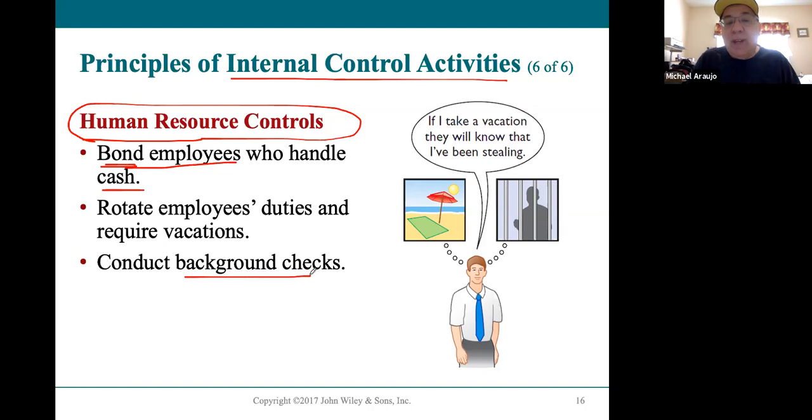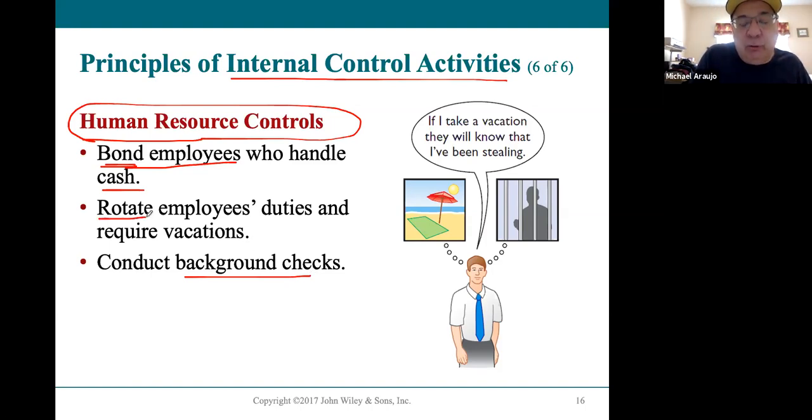And so it would be easy for your employer to purchase insurance, which is bonding you, in case you're handling cash, in case you're handling inventory. But bonding is a very important part of human resource controls, because they have to trust you, and if you screw up, they don't want to take a loss for it. The insurance ensures that they will not take a loss in case the employee does something wrong. Okay, they have insurance on that.